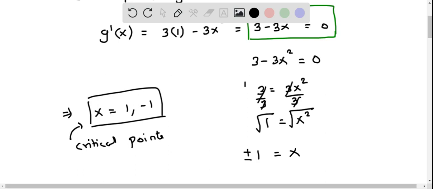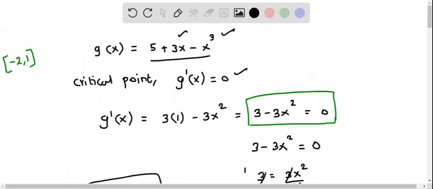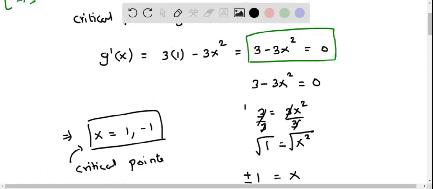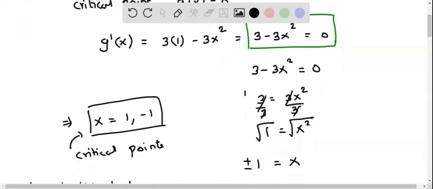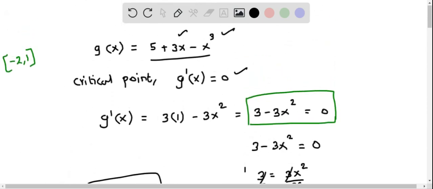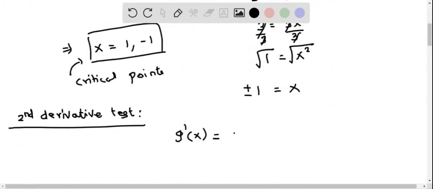Now we should determine at which critical point the function g of x is minimum. So for that we can use the second derivative test. So let's find the second derivative of the function g of x. Let me copy the first derivative, that is g prime of x, and this equals 3 minus 3x squared.